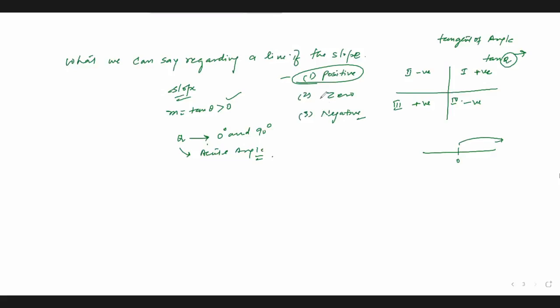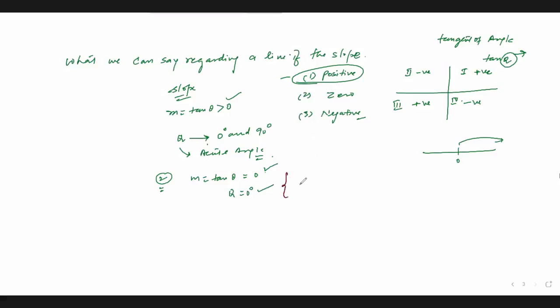Second thing, when the slope of a line is 0, then m, that is equal to tan theta, is equal to 0. As we know, when we are talking about a 0, my theta is also 0 degree. So what can we comment here?